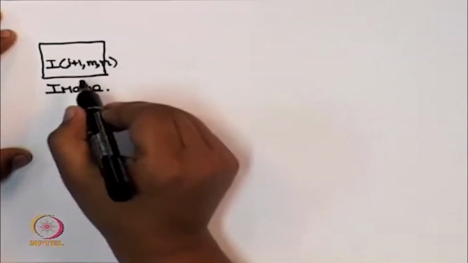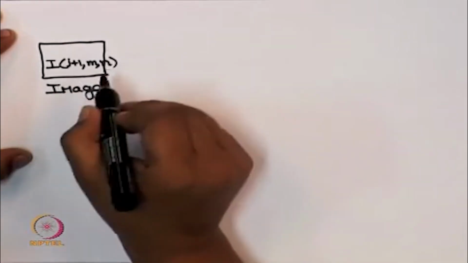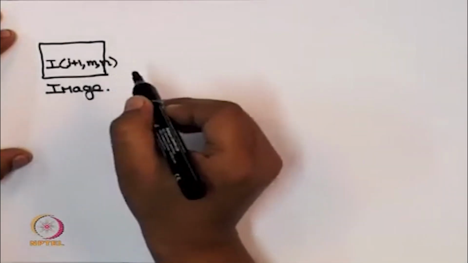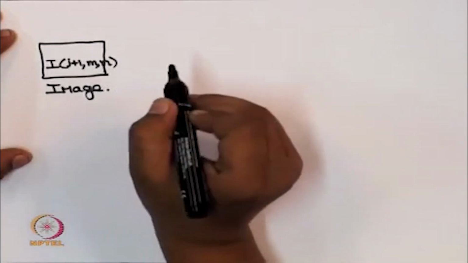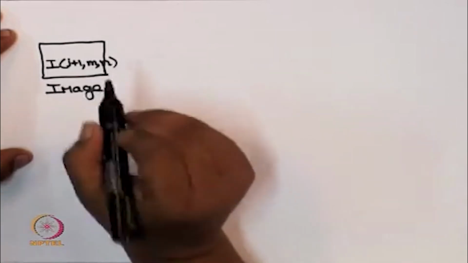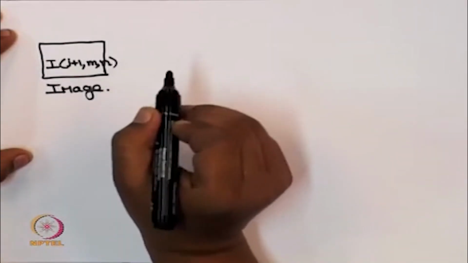To start with, we can say that this image I is an original image itself, and we will later see that this input can be any signal and at any scale j.